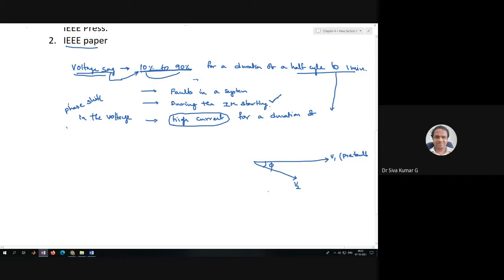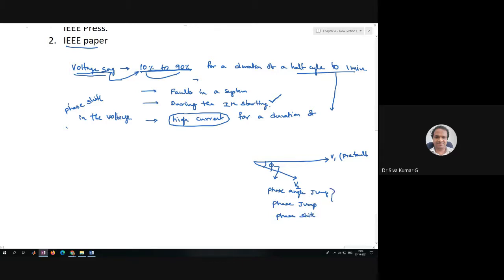They define this particular phi as the phase angle jump, or in some cases they say phase jump or even phase shift.